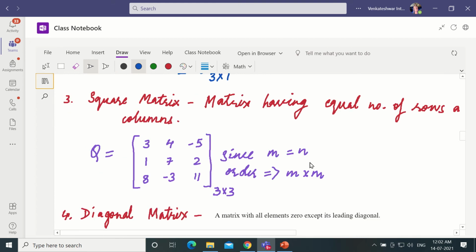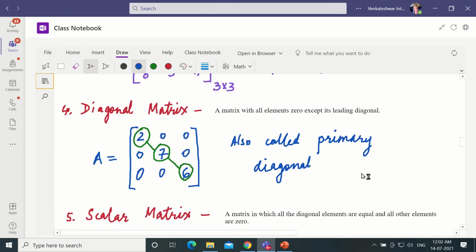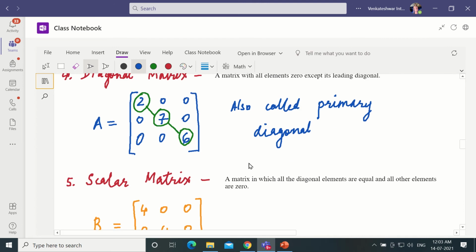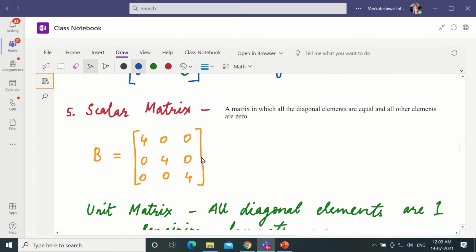Then we have something called a diagonal matrix. A diagonal matrix is a matrix having all elements as 0 except for the diagonal elements. Now this diagonal is also called the leading diagonal or the primary diagonal. A different version of the diagonal matrix is the scalar matrix, in which all the elements of the matrix are 0 except for the diagonal elements, which are equal.